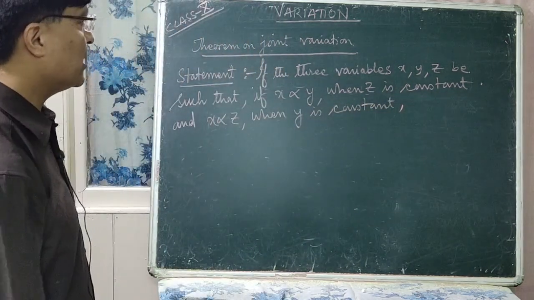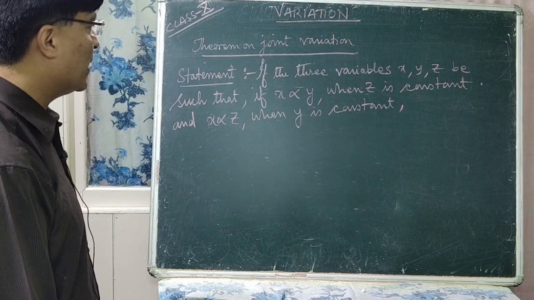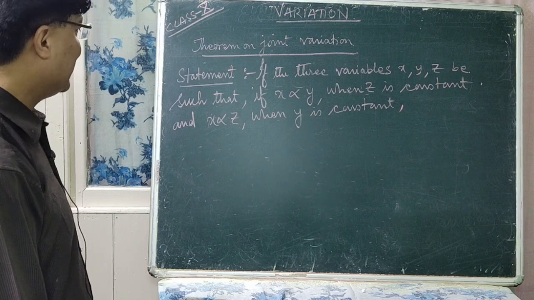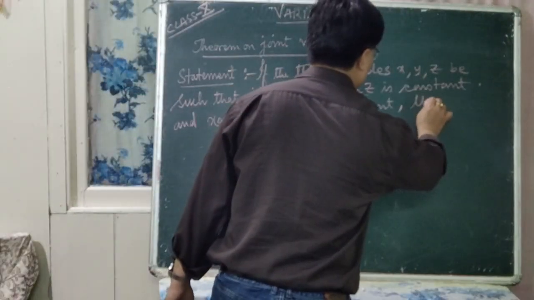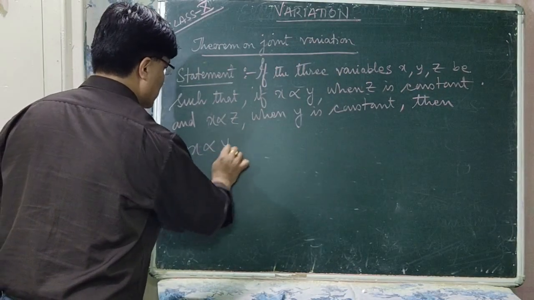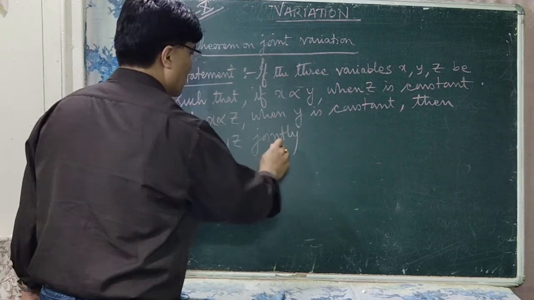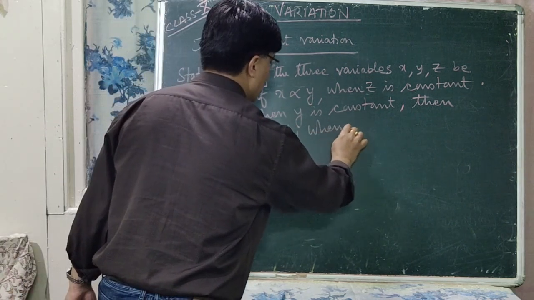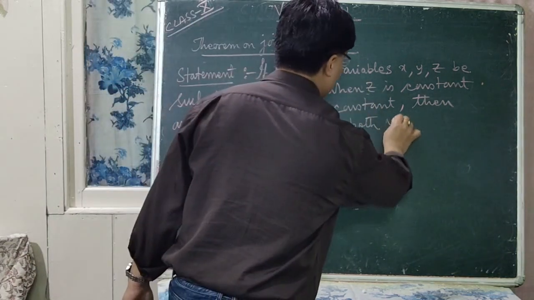If the three variables x, y and z be such that x is proportional to y when z is constant and x is proportional to z when y is constant, then x is proportional to yz jointly when both y and z vary.